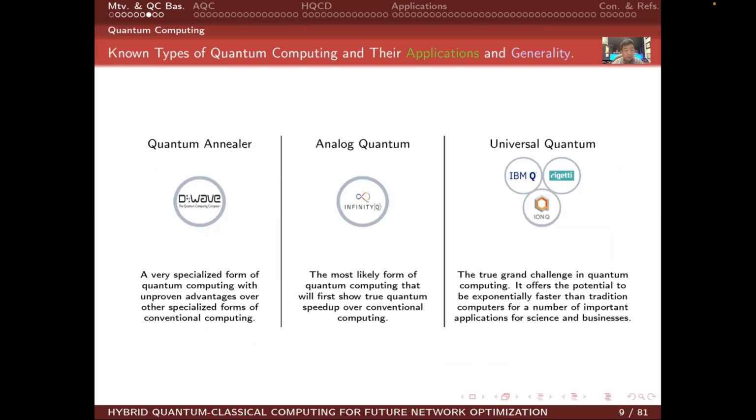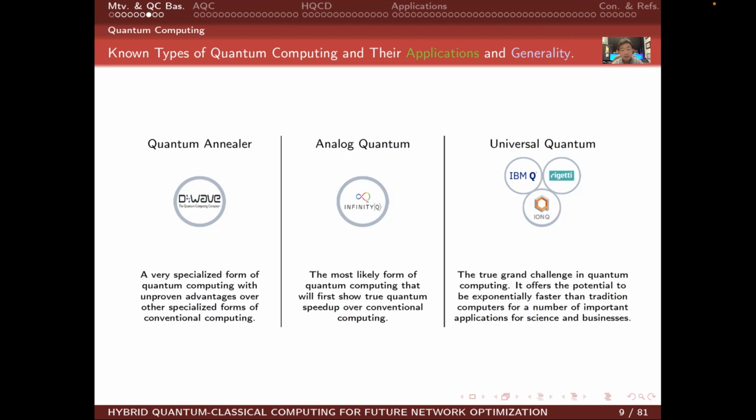Basically, quantum annealing only works for specific optimization problems, and in this talk we mainly concentrate on this quantum annealing part. However, they have many more qubits available. And the second one is analog quantum.